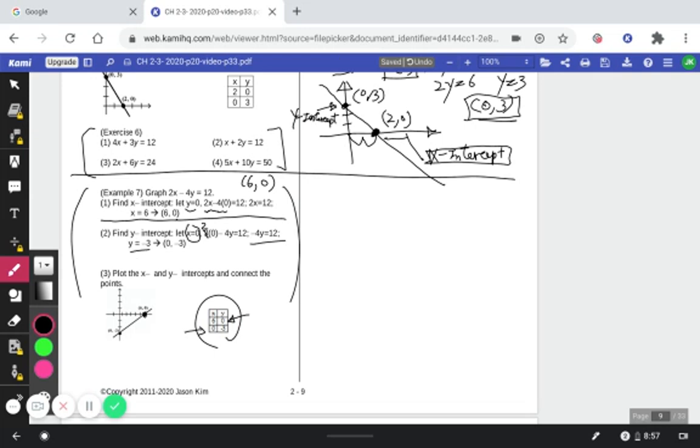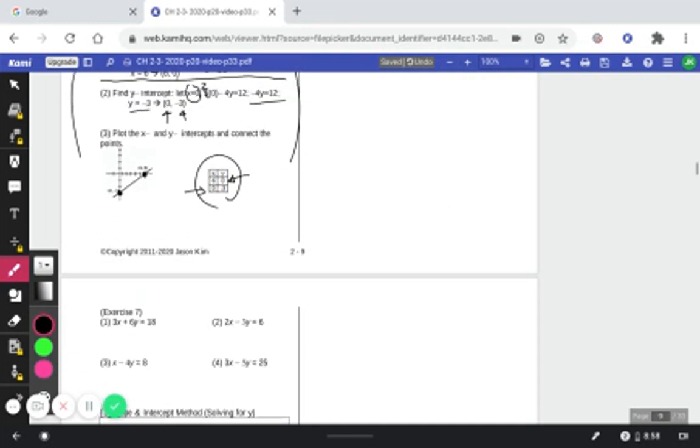So the y-intercept point becomes 0 as x and y as negative 3, so 0, negative 3. So if you plot 0, negative 3, here is the point. And then you connect nice and easy for that. Okay, so that was another example.